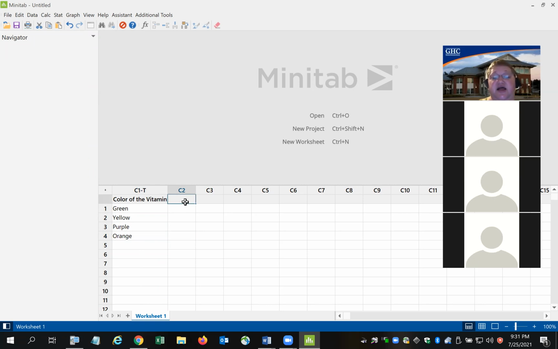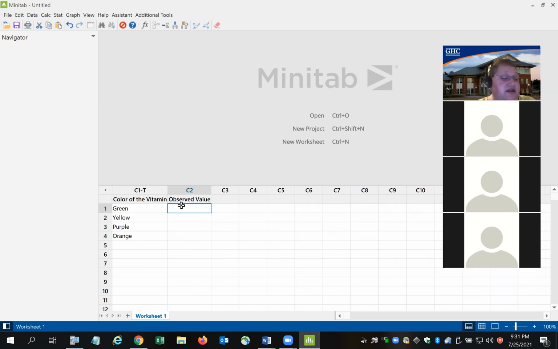In the second column, I'm going to put the observed value, which is the values that are given to me in the table in the question. There were 1,149 green, 1,948 yellow, 552 purple, and 1,401 orange.